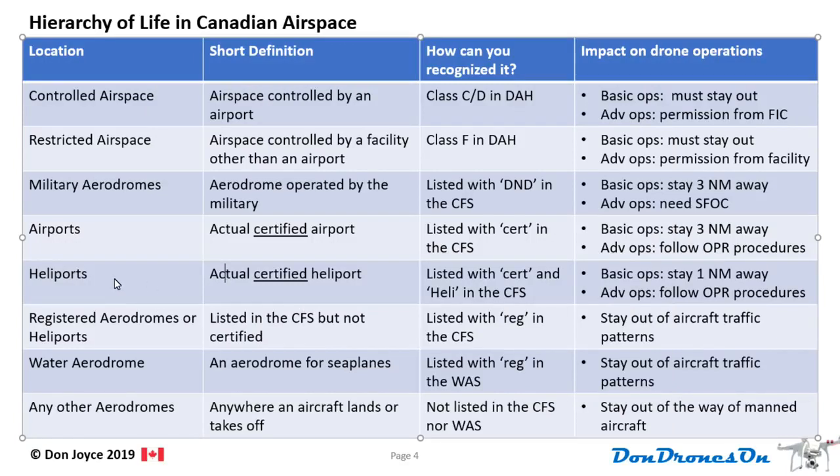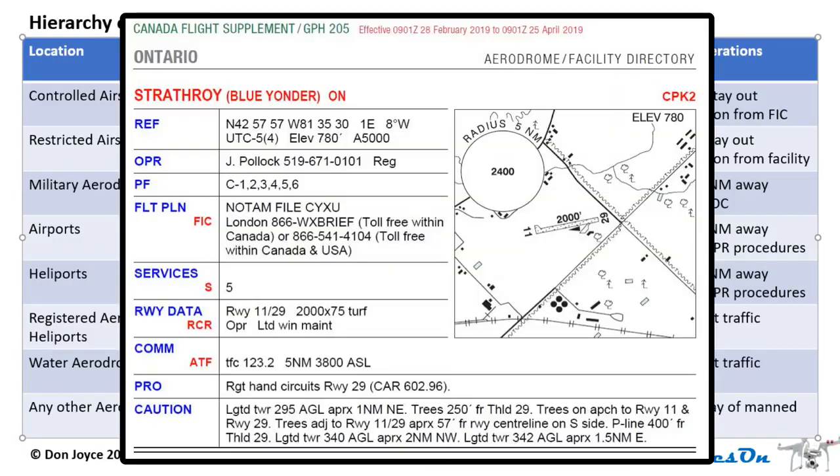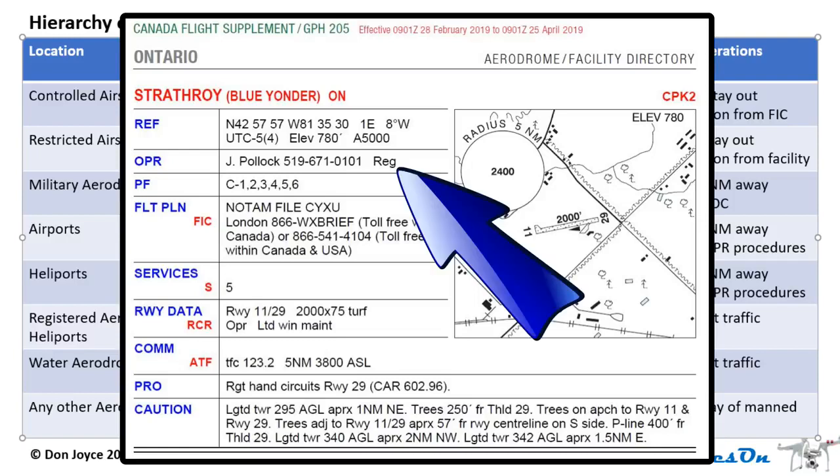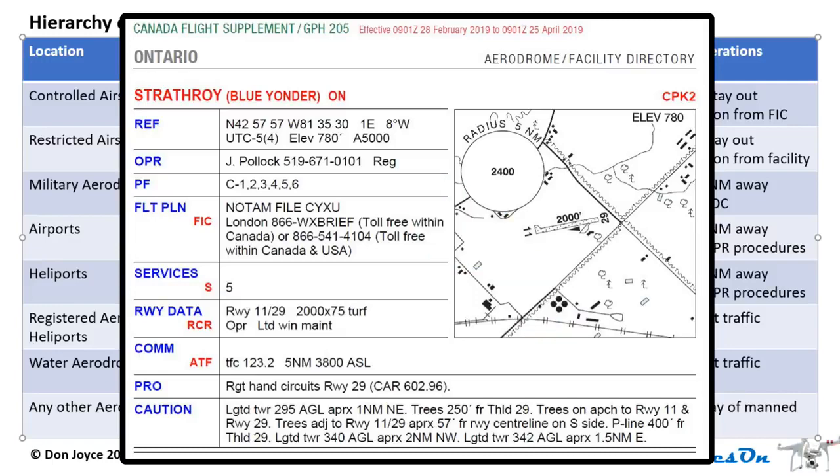After certified airports and heliports, things go, I'll say, a lot simpler. So registered aerodromes or heliports are aerodromes or heliports that are listed in the CFS but are not certified. They're listed just with a REG, short for registered, in the CFS, and of course they don't say CERT in their listing.